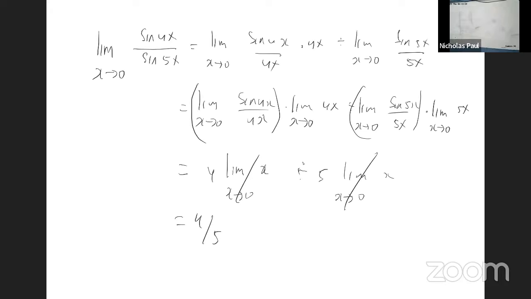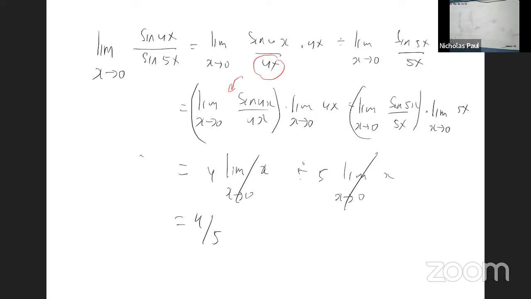Any questions online? Why did you multiply 4x on 4x by 4x, 5x on 5x? Right. Remember, the reason I did that is I can't just put 4x here alone. By the way, sorry, this here is the rule, right? 4x divided by 4x as x approaches 0 is 1, right? So I have to get in that form. So the reason why I divided by 4x here was to get in this form.